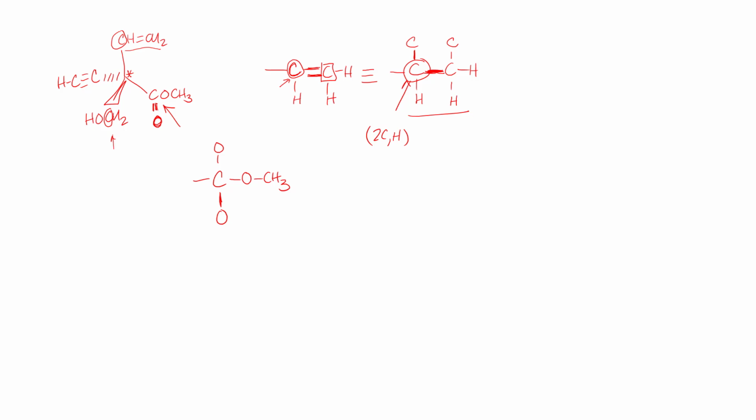It has a double bond to the carbon, so I'm going to replace it with 2 oxygen-carbon single bonds. So here's the first one, and then here is the second one. So this would be the equivalent structure of that ester. This carbon now has 3 O's attached to it.